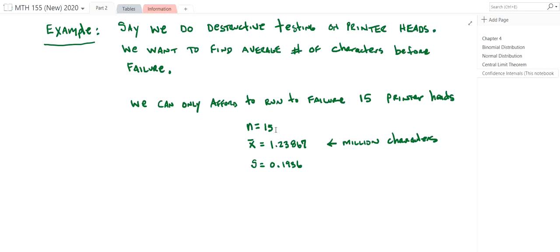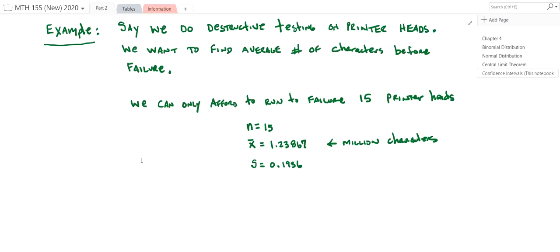So we take 15 printer heads and we run a little experiment, and we run them until they fail. And out of that sample set of 15, the average is 1.23867 million characters printed before they fail. And the standard deviation of this sample is 0.1936 million characters.